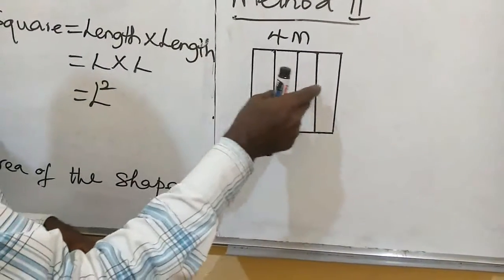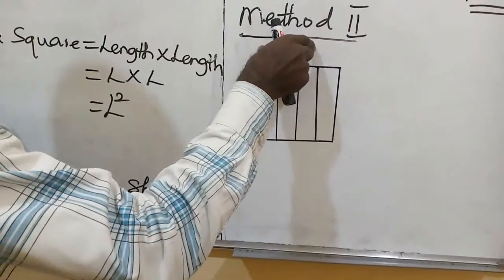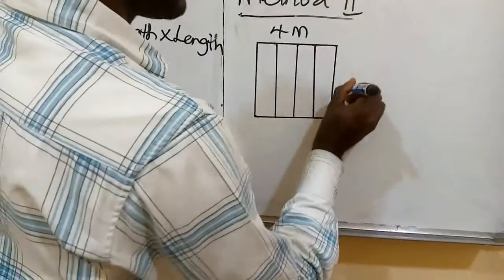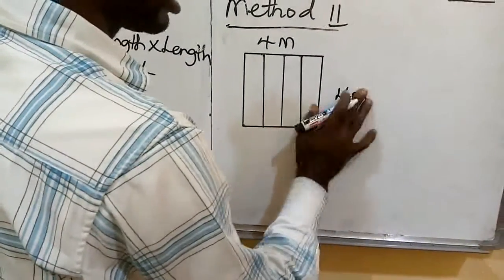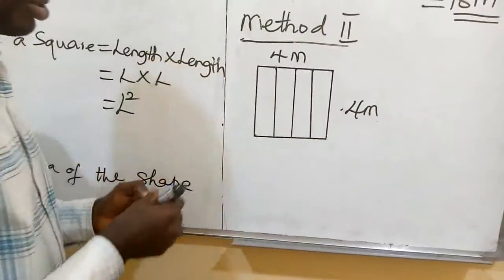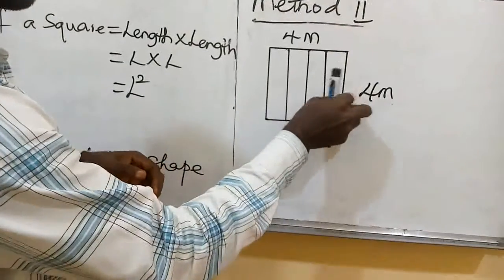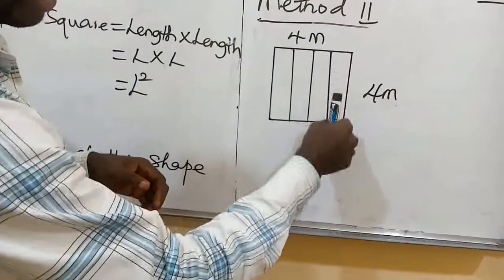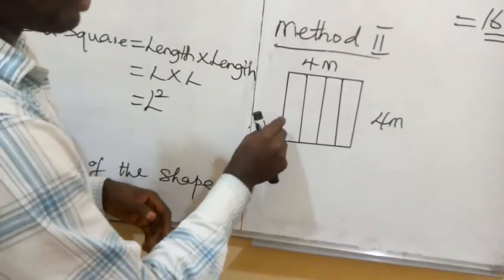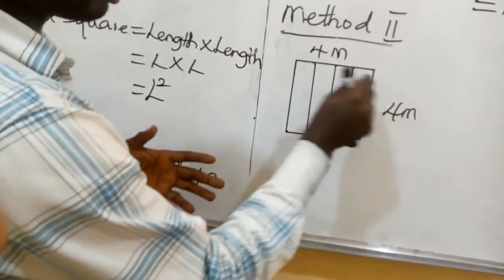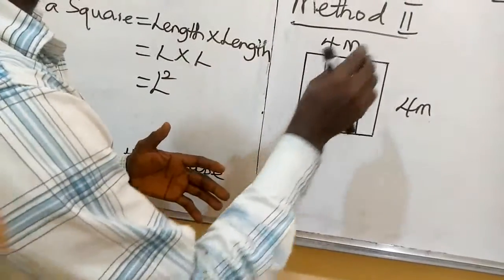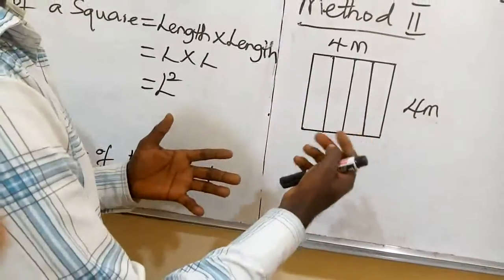We have here 1, 2, 3, 4, because the length has been given to be 4 meters. So this other side also has been given to be what? 4 meters. So we are going to divide this other side, from the left to the right, into 4 equal parts also.